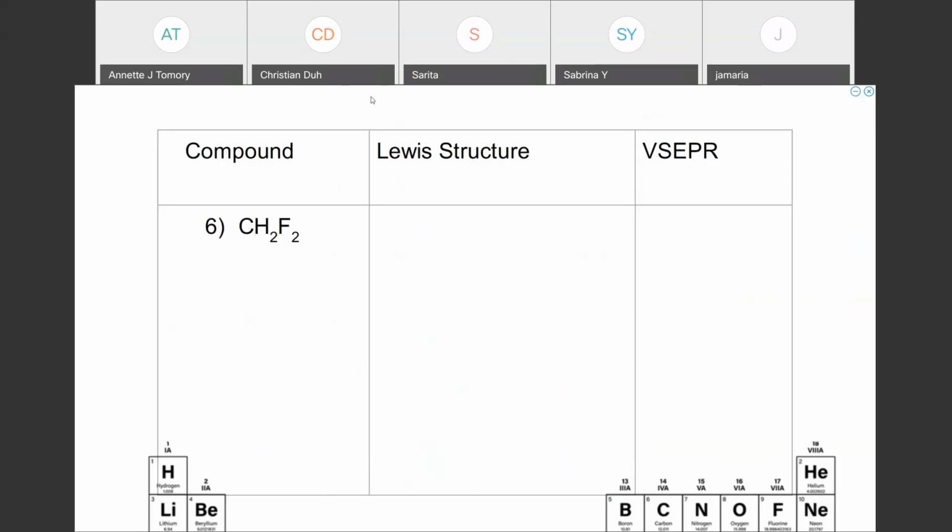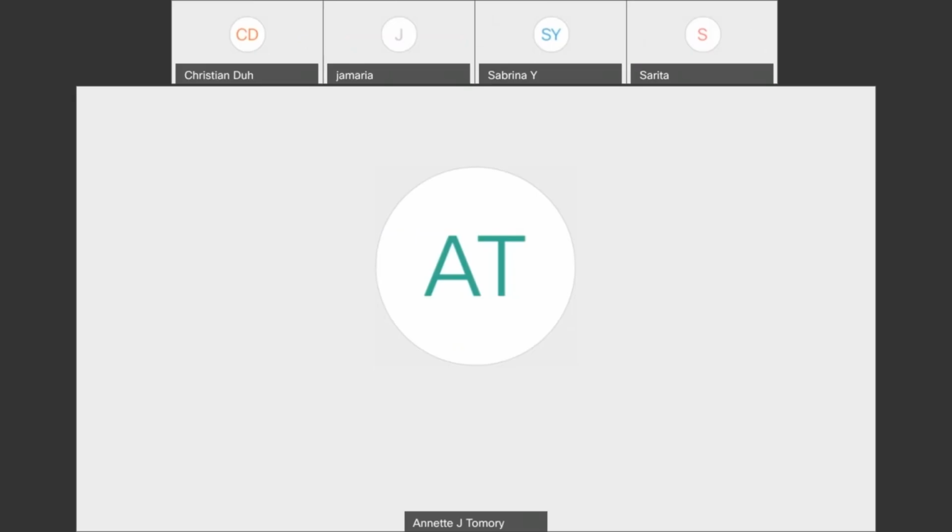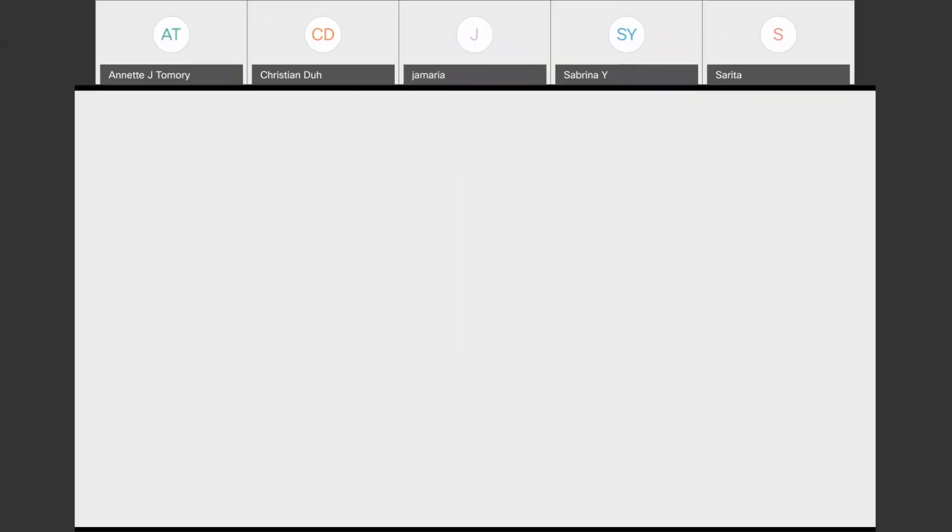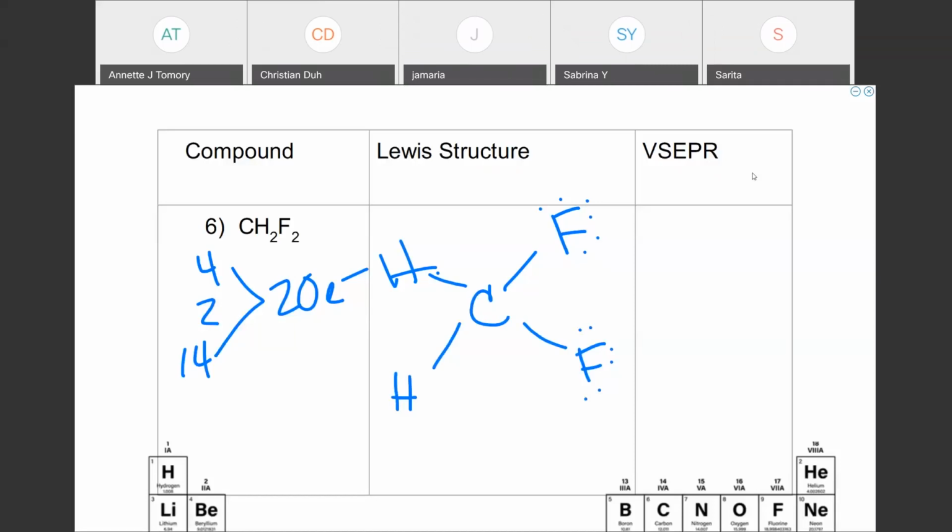I can't see anything. There's nothing on your screen. There's nothing on my screen? Once in a while, I lose the connection or something. Can you see it now? Yeah. I can see it.